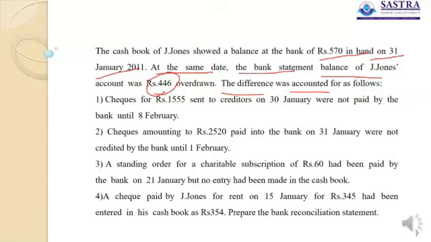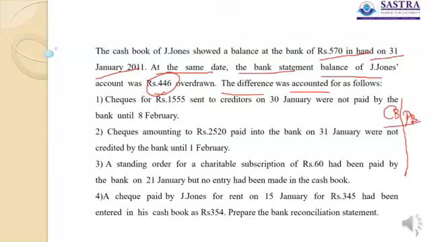See what is here: the bank balance of 570 in hand is shown by the cash book, and what book we need at the end is the passbook. We are going to make out the symbols, right?